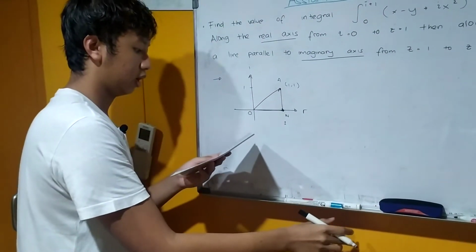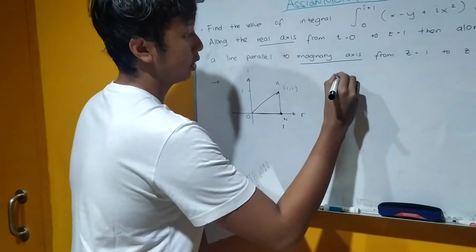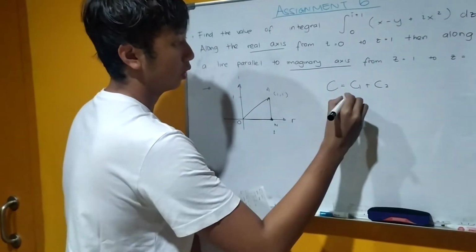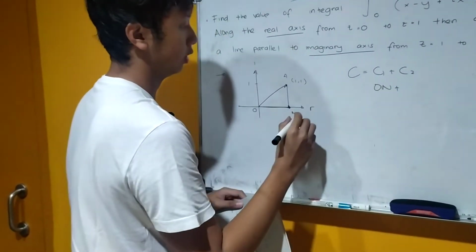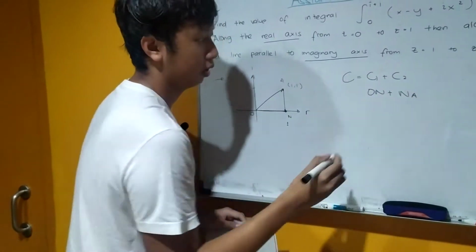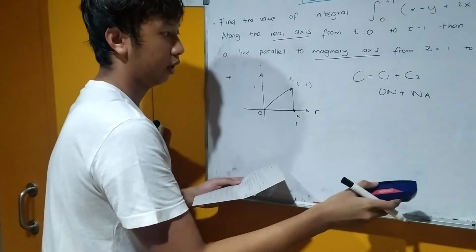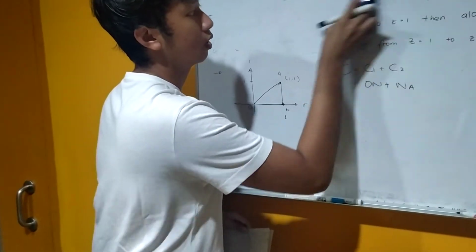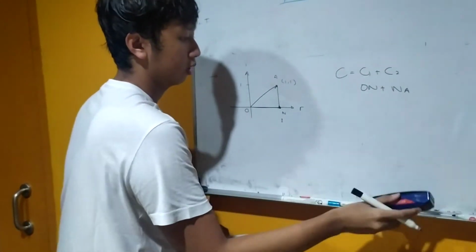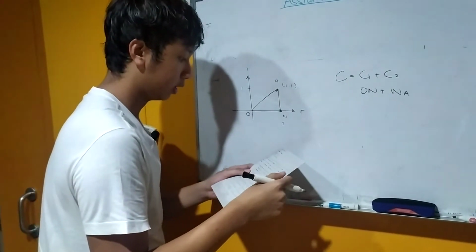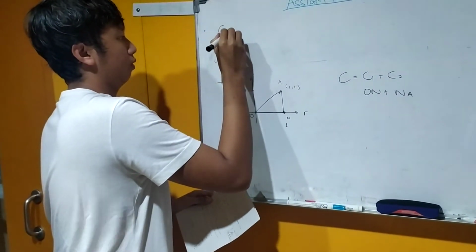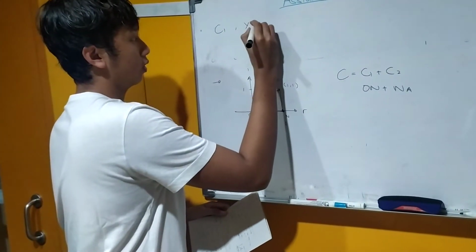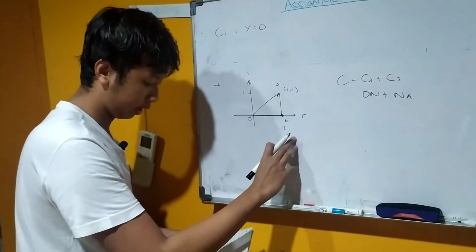We will use a contour integral. Basically the contour is C1 plus C2, where C1 is ON and C2 is NA. Okay, I will erase the equation. For C1, from O to N, y equals 0, because we don't have y, we only have x.